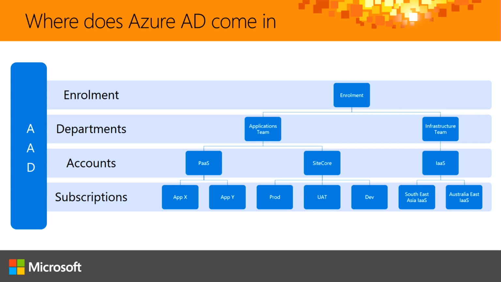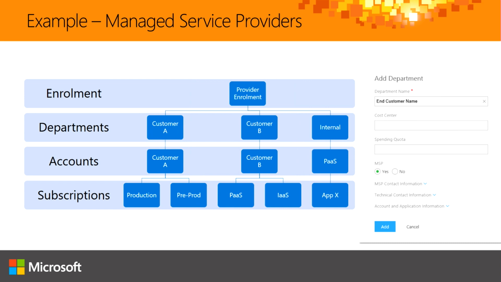Now, where this can become interesting under the MSP model, and I think it's going to be the same under the CSP model, is how do you use Azure AD in a scenario where you're delivering a service to multiple customers? I'm not going to give you the answer because I think you have to weigh up the pros and cons yourself, but one model would be to use the same Azure AD to manage identities and access to subscriptions and accounts across all customers.